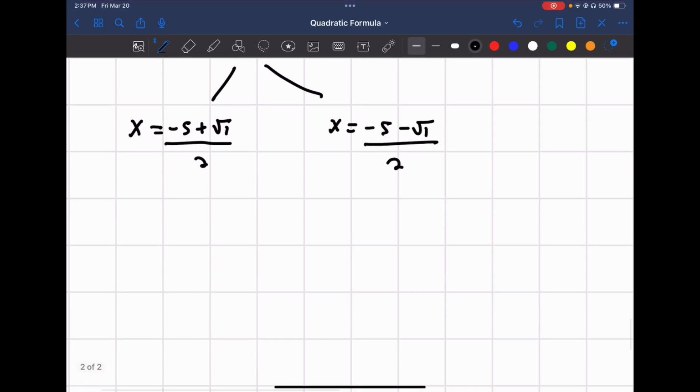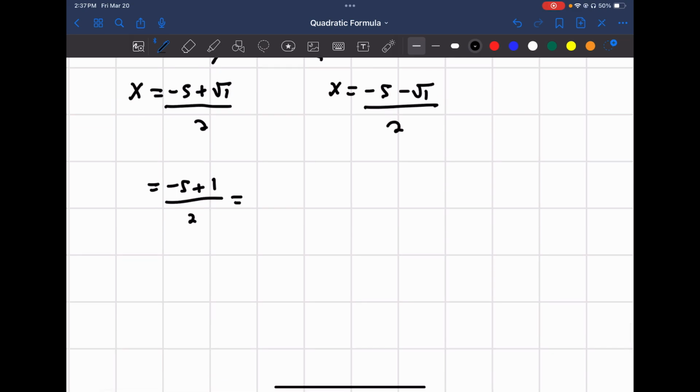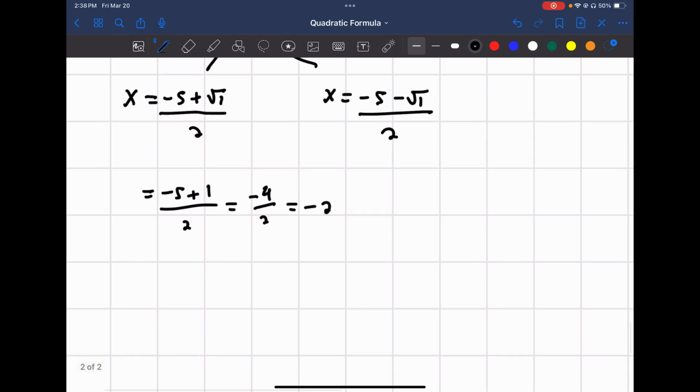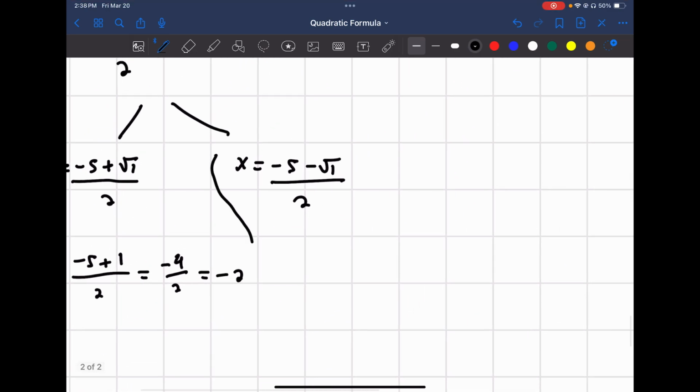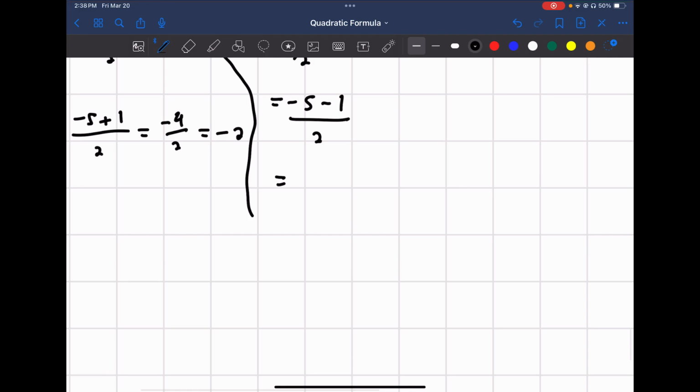And let's just solve for this. So minus 5 plus the square root of 1, which is 1, equals minus 4. And this is equal to minus 4 over 2, which is equal to minus 2. And then this other one is equal to minus 5 minus 1 over 2, which is equal to minus 6 over 2, which is equal to minus 3.